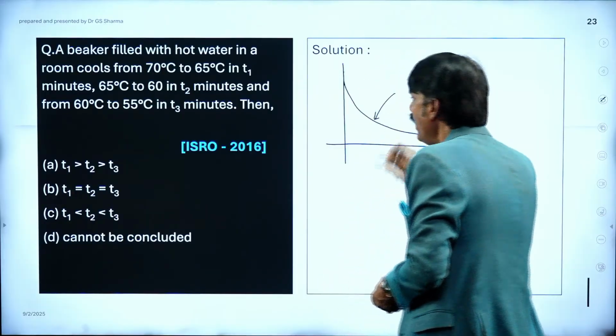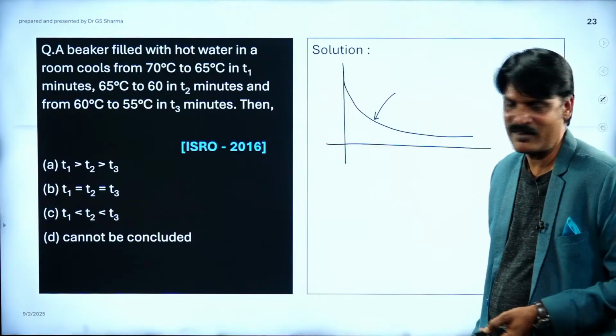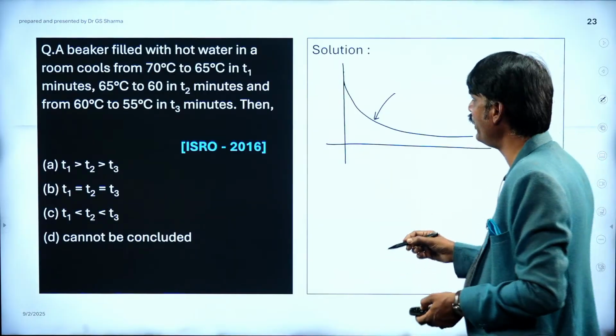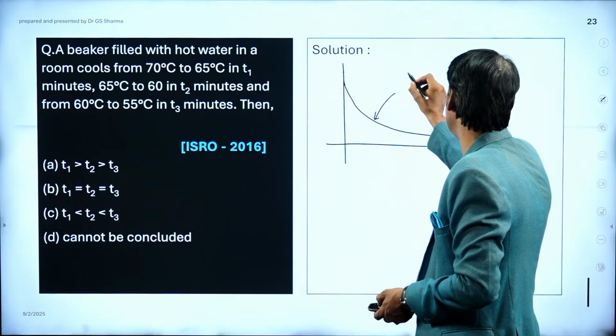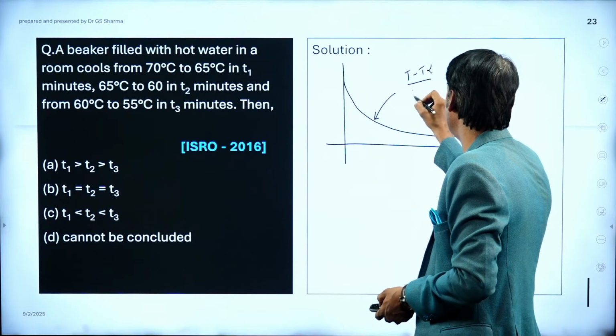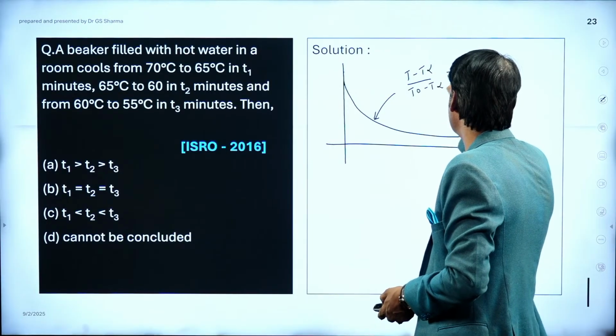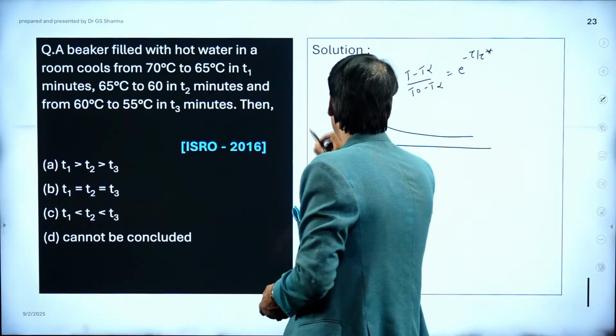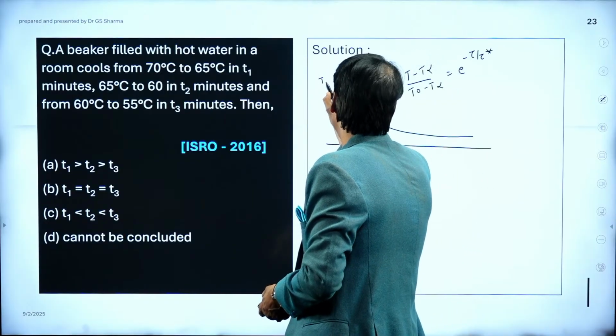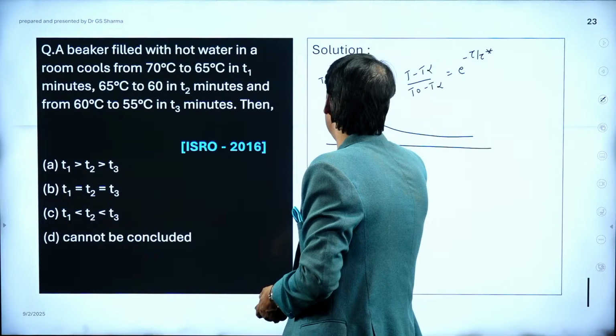Say suppose you go with lumped analysis. It's a solid one. He has not talked about fluid. So filled with water, I can write that T minus T infinity divided by T naught minus T infinity is e to the power of minus tau by tau star. So I can write this initial, say T naught 1.